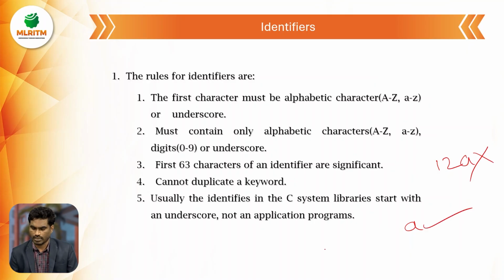Next, identifiers can begin with underscores. Now underscore A is a valid identifier. Next, A12, where characters are followed by digits, is a valid identifier.